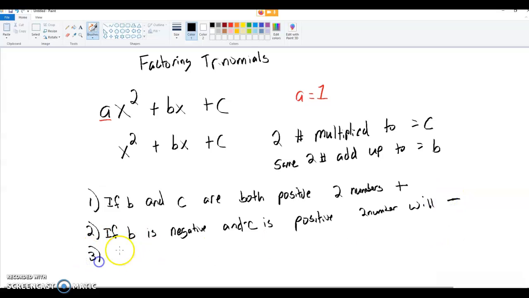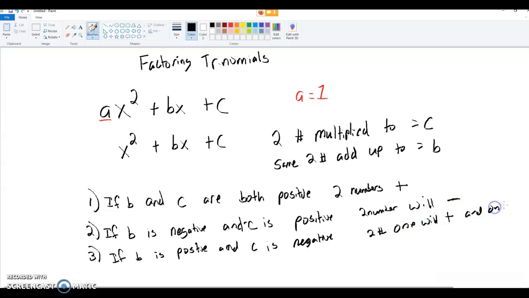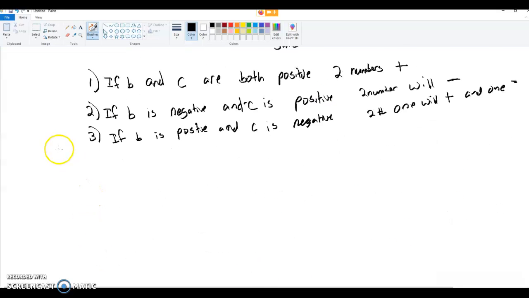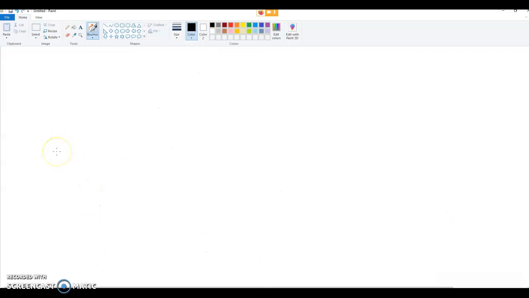And for number three: if b is positive and c is negative, then our two numbers, one will be positive and one will be negative. But when we combine them, we need to have a positive b, okay? So let's go ahead and put this into application so it makes a little more sense.